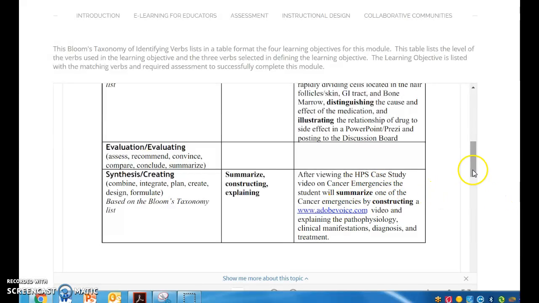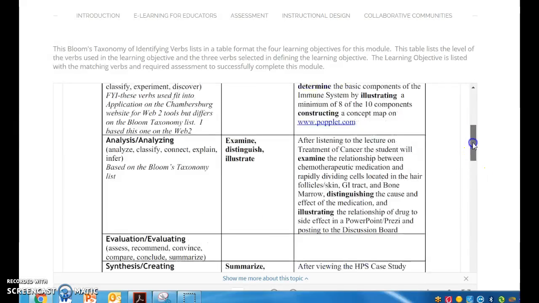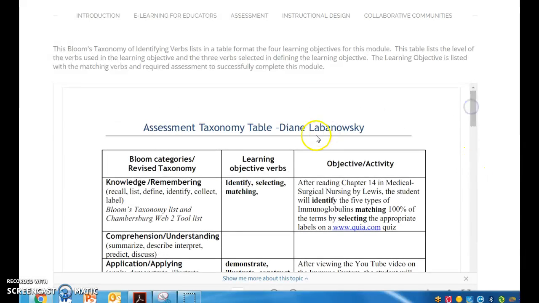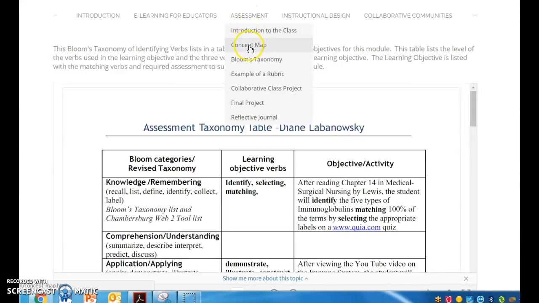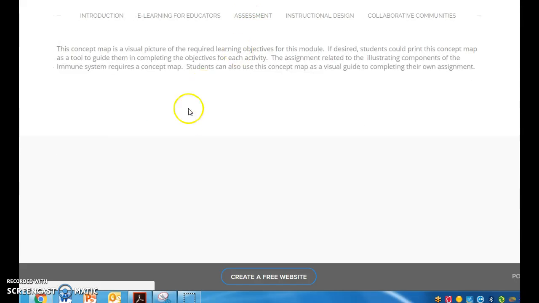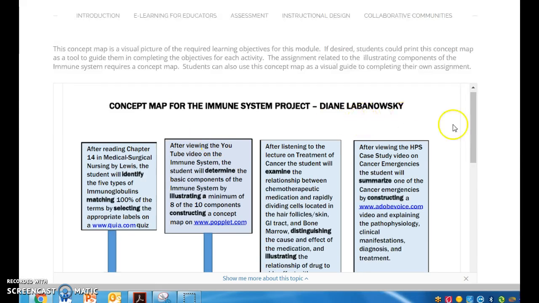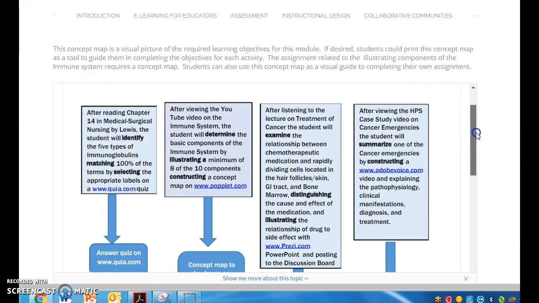So that is a taxonomy table where you can actually look at your levels, list your objectives, and incorporate them and find appropriate leveled Web2 tools. Then these basic assignments, I put into a concept map.